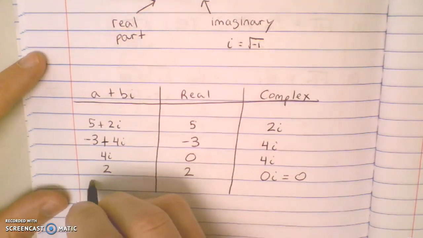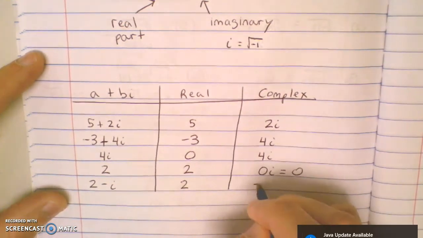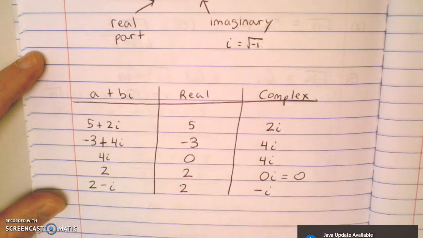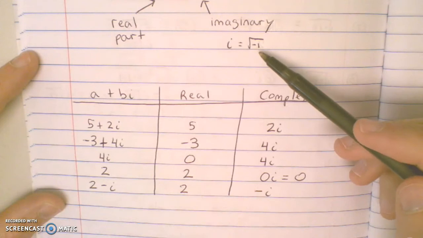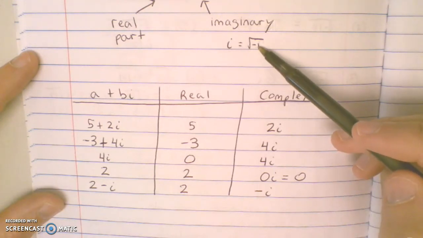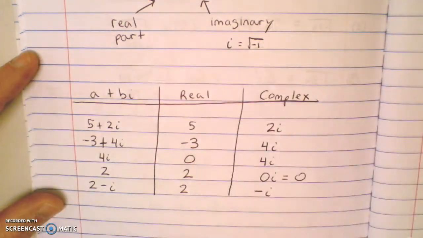And the last example, 2 minus i, my real part is 2, my complex part is -i. So imaginary numbers come up when you're solving quadratic equations and you get a square root of a negative number. And remember, we talked about rewriting square roots with that -1, turning it into an i. So this just allows you to continue working with problems when they have complex numbers and solutions that are different.